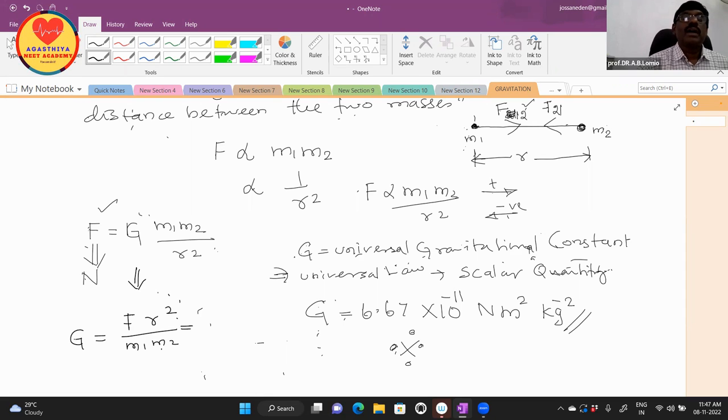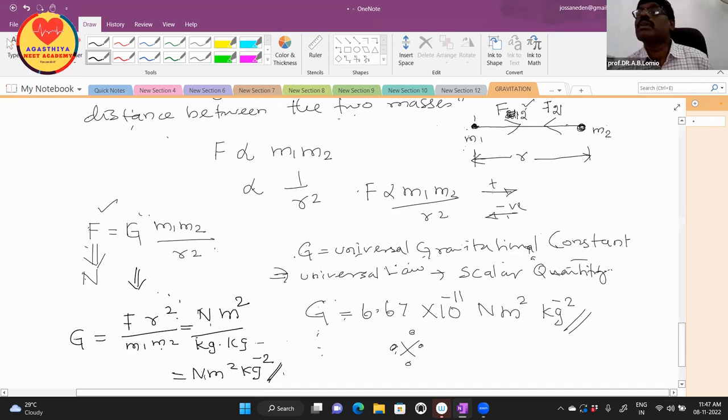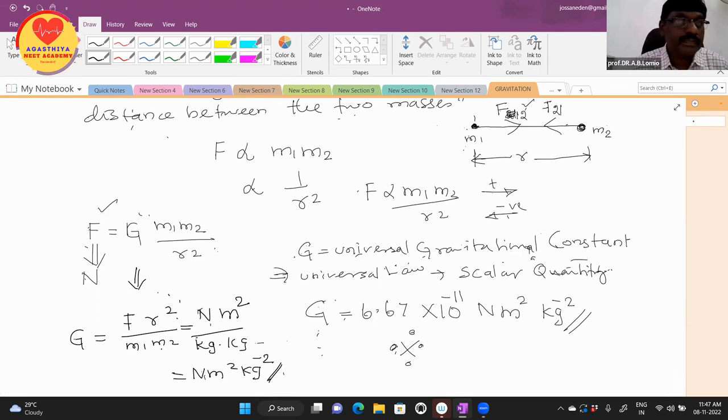Now substitute the units: force is Newton, distance is meter squared, and kg into kg. Therefore, it becomes Newton meter squared kg to the power minus 2. This is the method of arriving at the fundamental units. Understand?